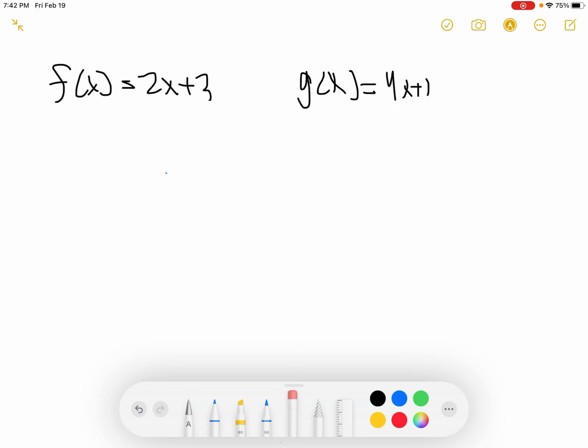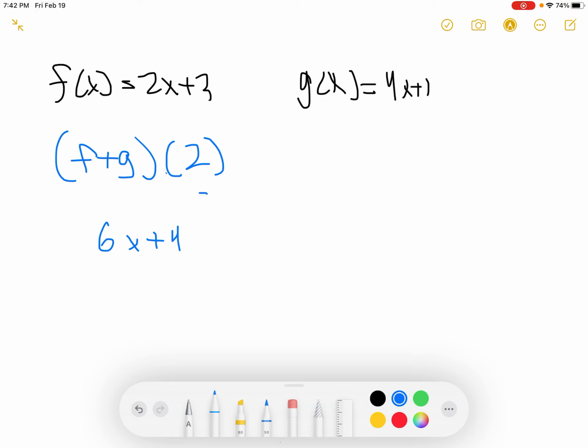This is given, but what if we were required to find f plus g of 2? What does that mean? That means we need to add f of x plus g of x, which we already did in the lesson. And if you remember, we got 6x plus 4.